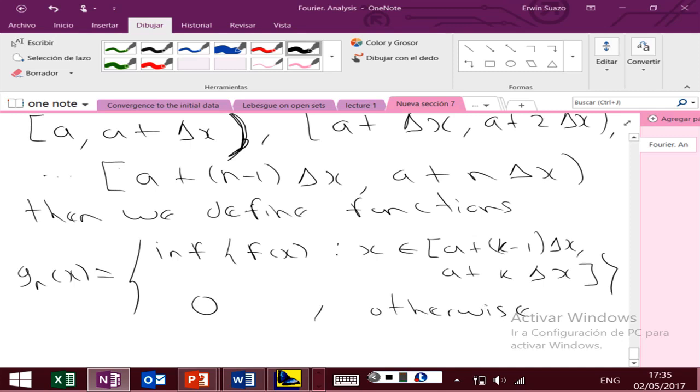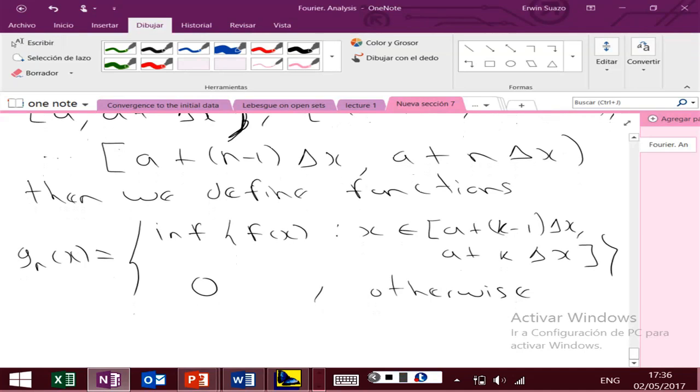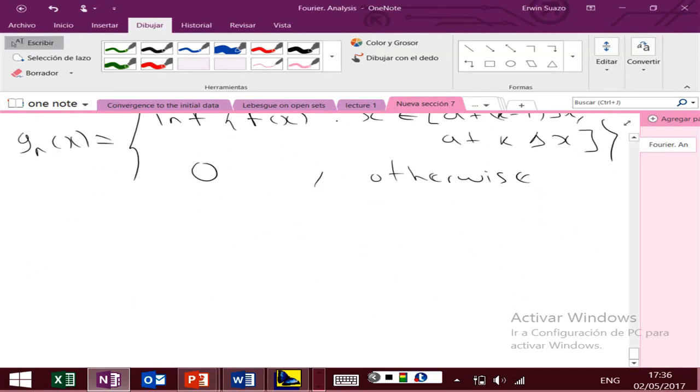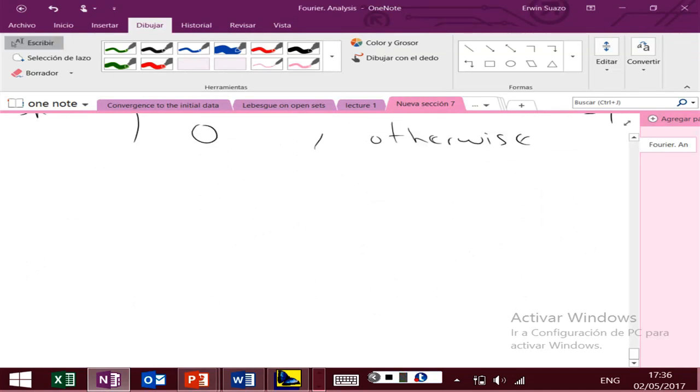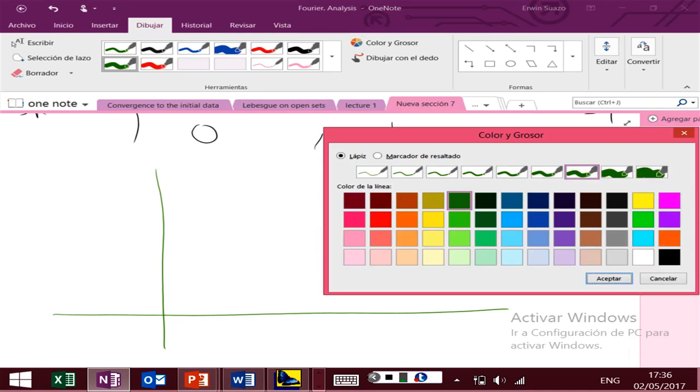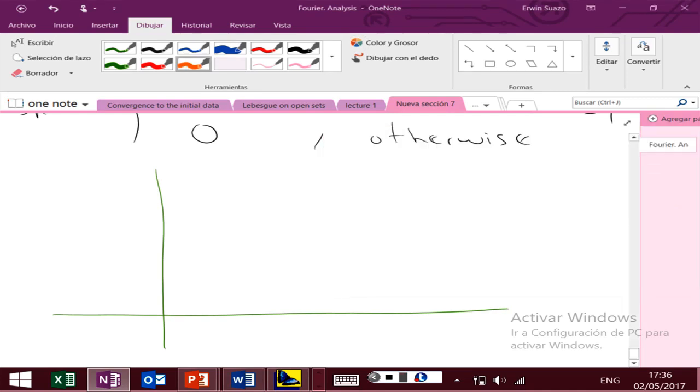Okay, so what I'm doing, let me make a bigger graph so I'm sure you understand that. This is my function. Okay, so this is A, this is B. It doesn't have to be like that.